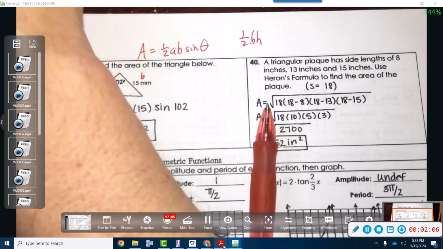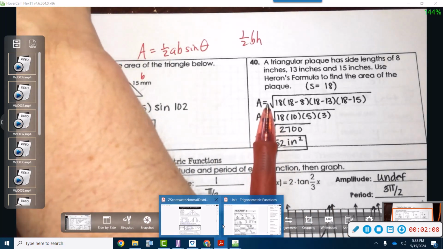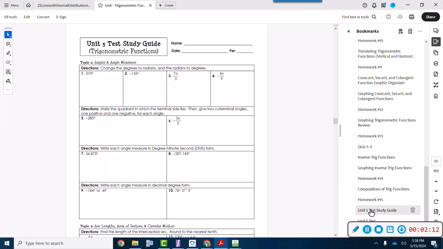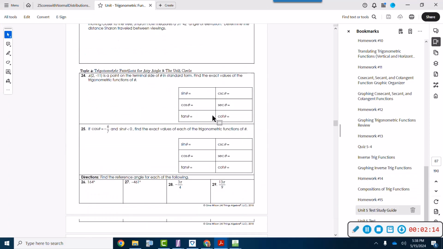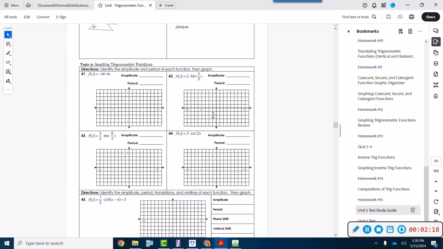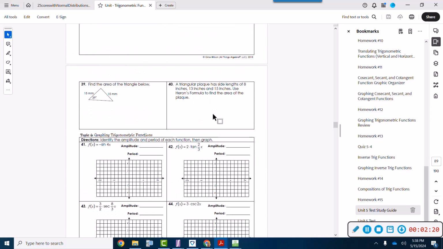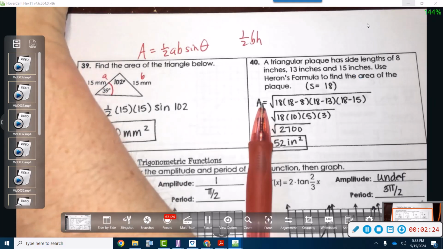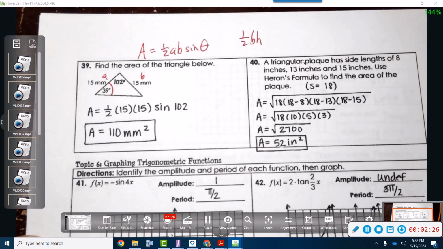Let's actually see if you guys knew the 102. And the answer is you did not. So how did we figure out the 102?